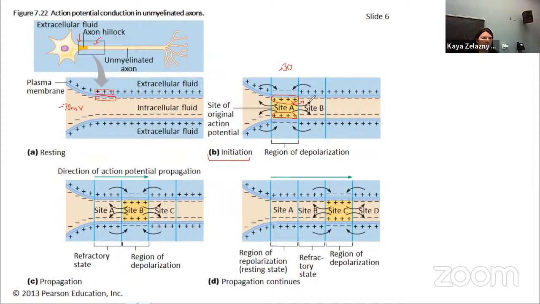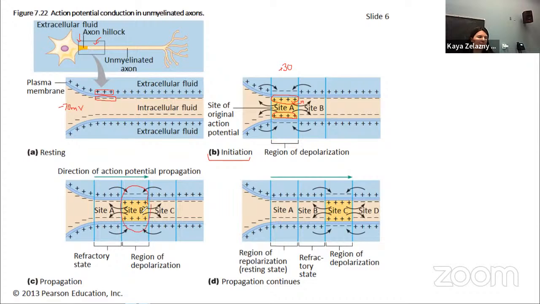Eventually we get to -55 as these positive charges flow to the sides and spread out. So that is how we get to the threshold for this next patch of membrane. Once enough of these sodiums have spread out, and site B gets to -55, we kick off the action potential in site B. All right, so we can see here the action potential in site B.